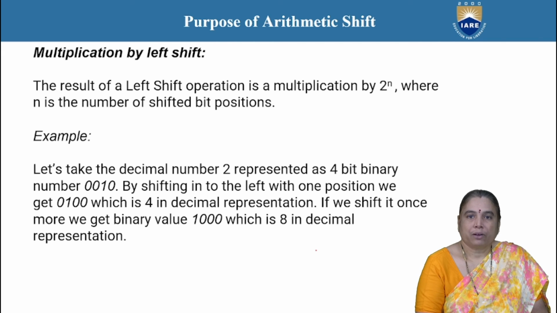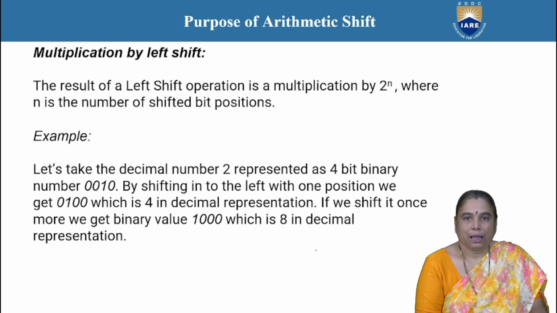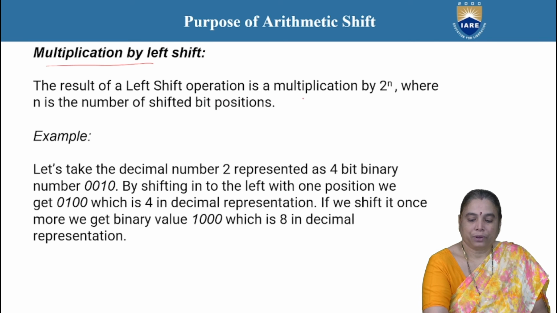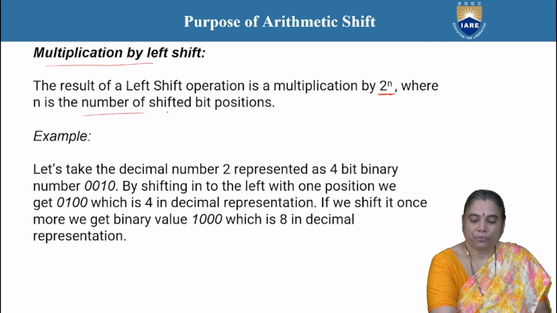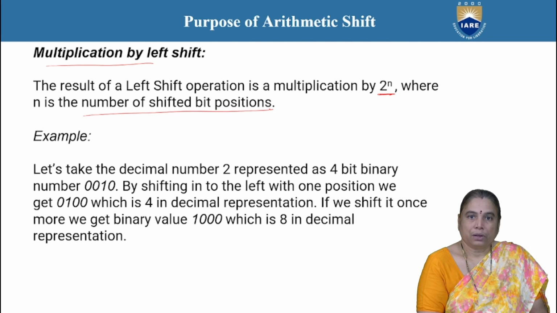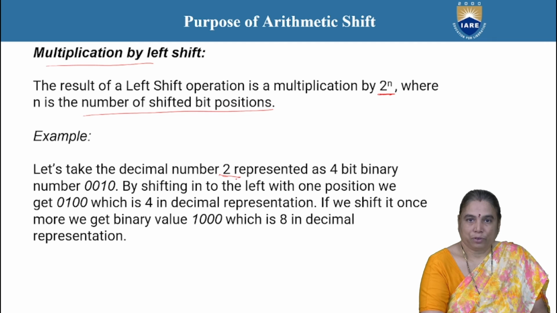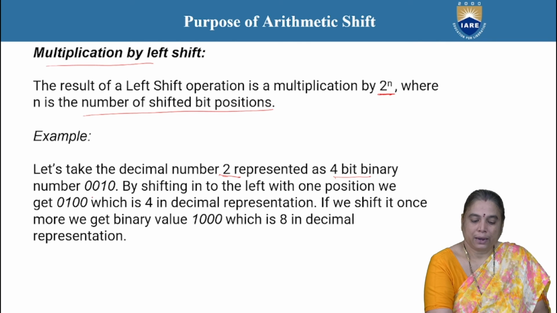What is the purpose of this arithmetic shift operation? With the help of arithmetic left shift, multiplication can be performed. The result of a left shift operation is a multiplication by 2 power n, where n is the number of shifted bit positions. So consider an example: the decimal number 2, represented as a 4-bit binary number.